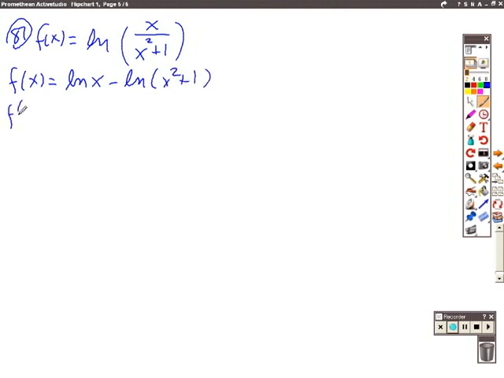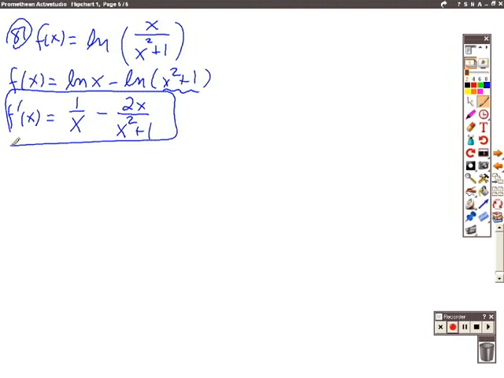So that keeps me from having to do the quotient rule. The derivative of ln of x is 1 over x. The derivative of ln of u is u prime over u, and that will do it, even though you could get a common denominator. And I'm sure if you check your answers in the solutions manual or in the back of the book, they will in fact get a common denominator.